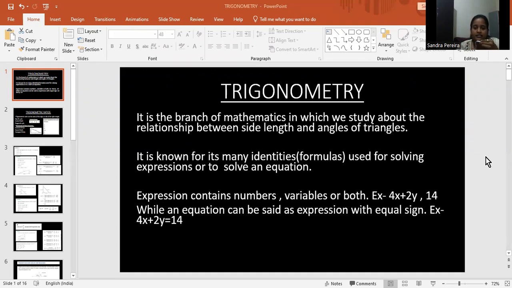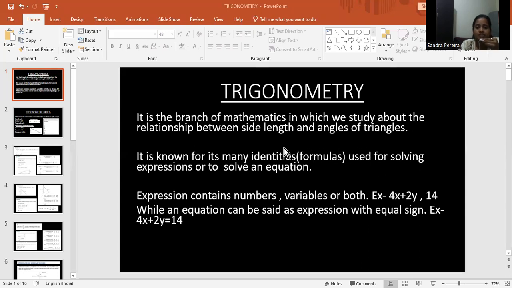So an angle is simply two lines meeting at a point. One is the terminal line and the second one is the initial line. The main thing here in trigonometry, we will discuss the relationship between side lengths and angles of a triangle.